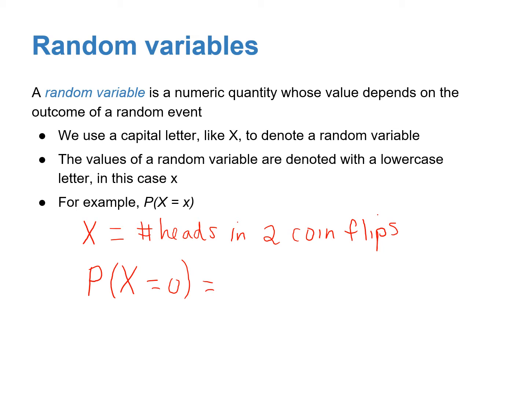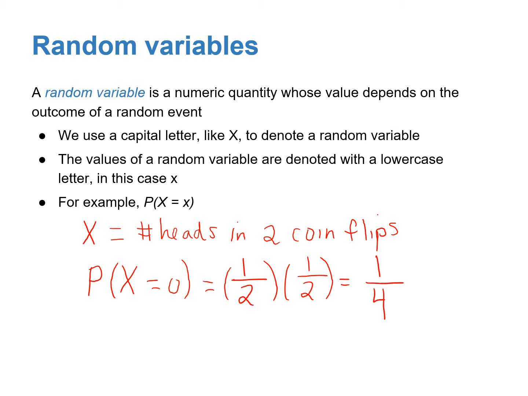Since I've got independent events and each one should be equally likely to land heads up, the chance of having the first one land with heads down would be 1/2. The second one landing with heads down and tails up would be 1/2. I'd have to have that happen in both flips to have no heads. And so I can calculate the probability that there are no heads in 2 coin flips as 1/4.